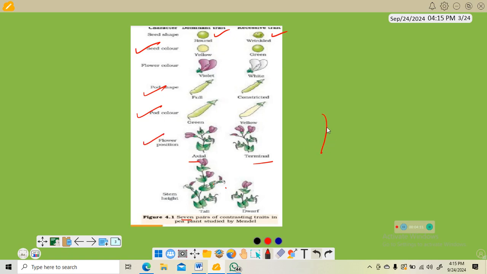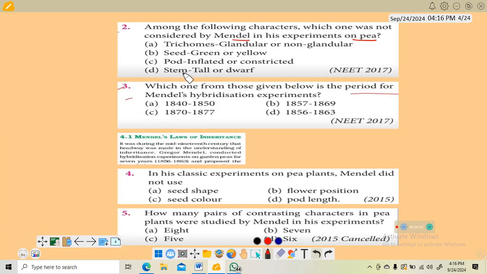Axial means on different nodes, and terminal is from one point only, many flowers will arise. Then stem height is there, flower color is there, seed shape is there. So here they have asked which one is not. So trichomes, glandular or non-glandular, this is not a part of Mendel's traits.